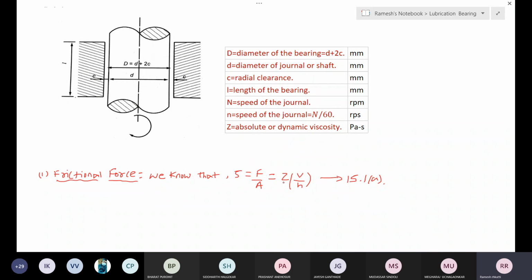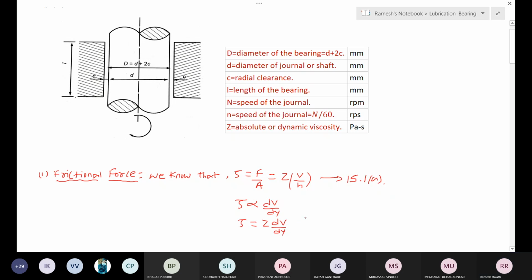As we have discussed in the previous class while defining dynamic viscosity, according to Newton's law of viscous flow, the shear stress is directly proportional to the rate of change of velocity, that is dv by dy. This proportionality is replaced by a constant Z, giving Z dv by dy.